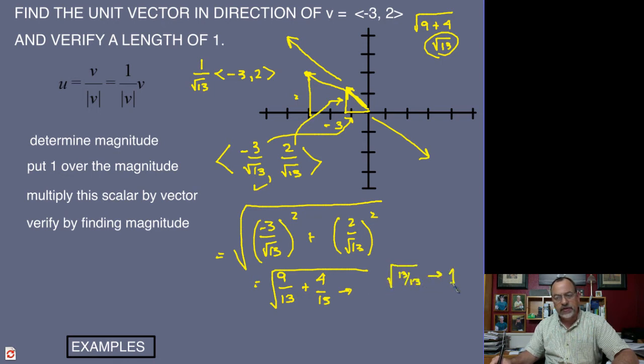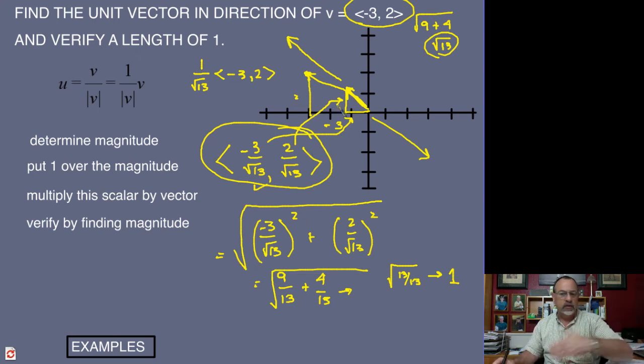The square root of 1 is 1, so the magnitude is actually 1, so this is the unit vector for any vector that goes through the point -3, 2 or points in that direction. All I have to do is multiply this unit vector by whatever magnitude arrow I desire. That's why you want to be able to determine the unit vector.